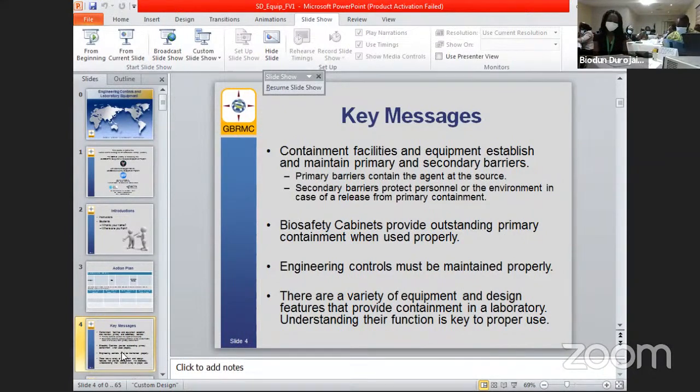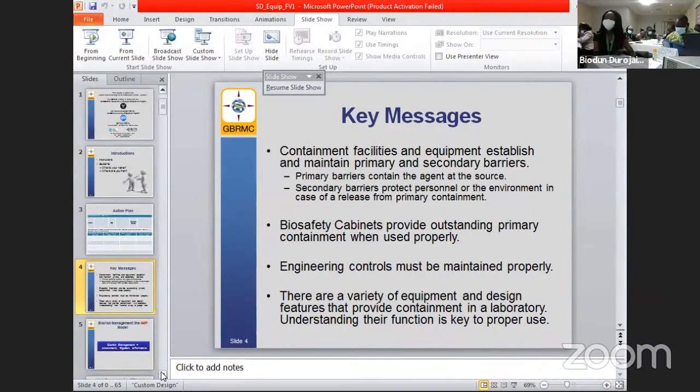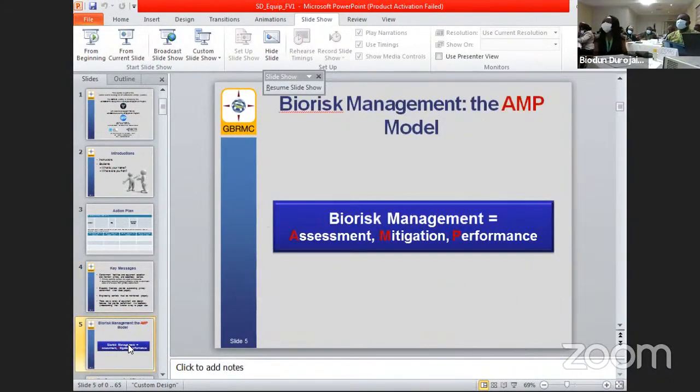The slide we have on display has already been explained to the extent that engineering control is part of mitigation. Okay. So we can fly past the others.